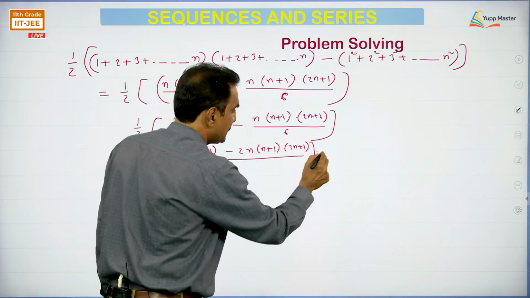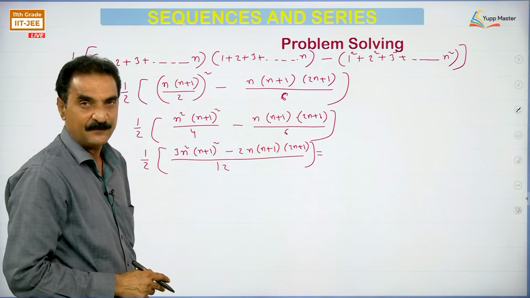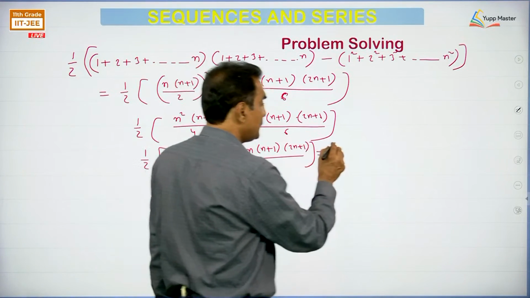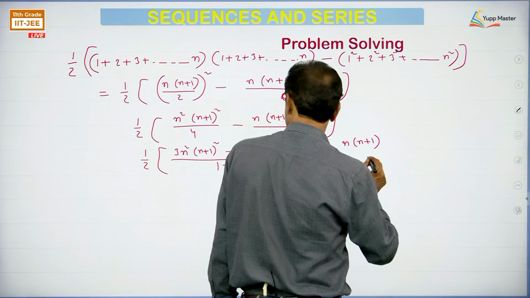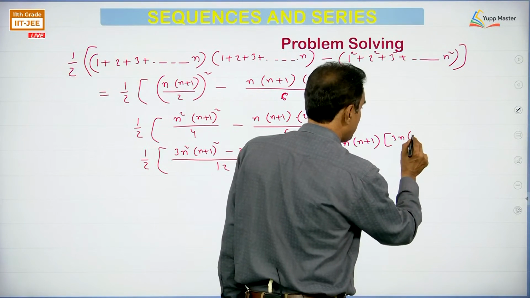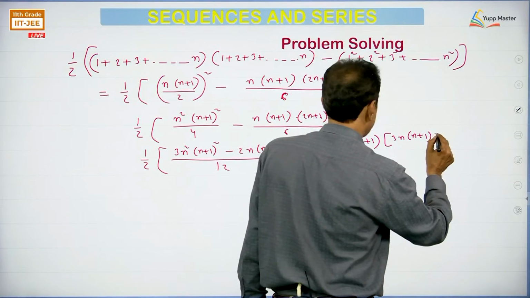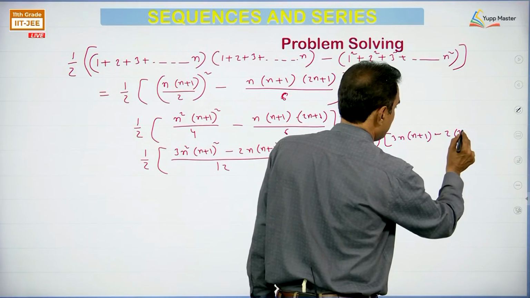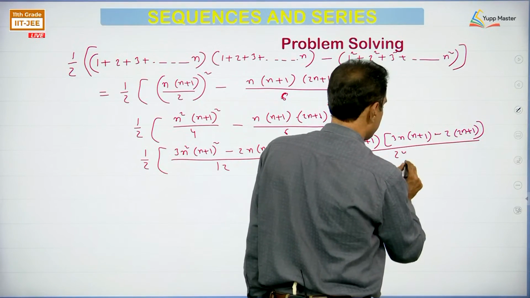Alright. 1 by 2 into 1 by 12 is 1 by 24, and in numerator you can take n into n plus 1 common, okay, and remaining will be 3n into n plus 1 minus 2 into 2n plus 1, by 24.